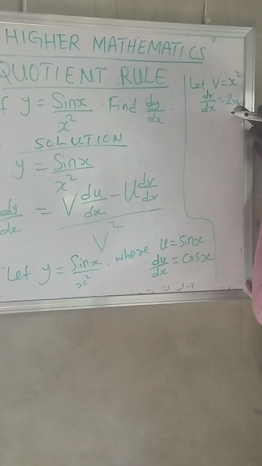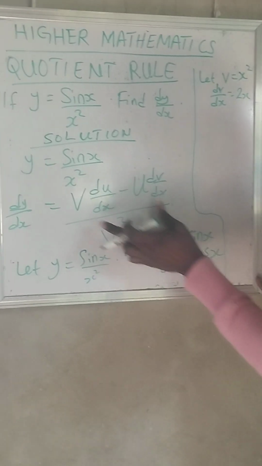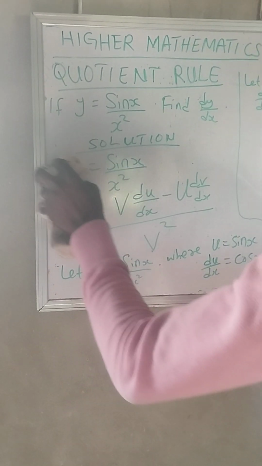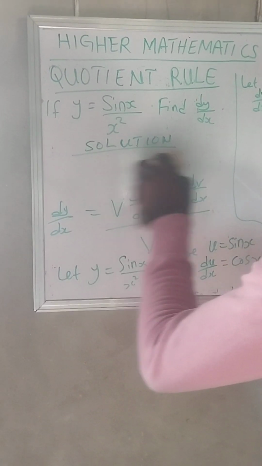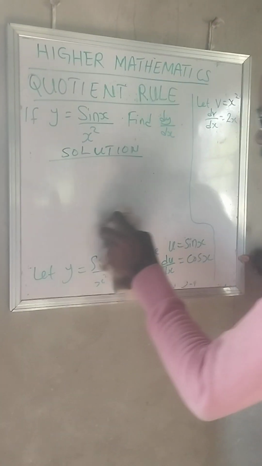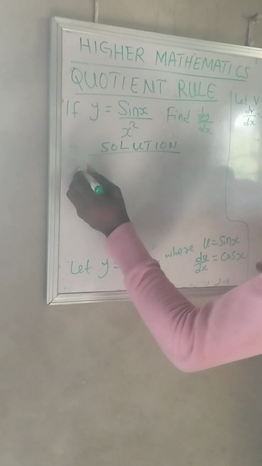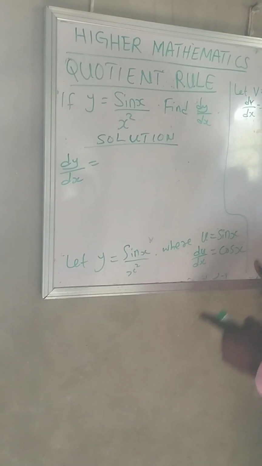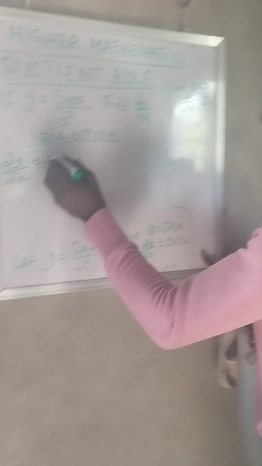Now we're going to substitute all this into the formula. So I'll clean this part of the board and continue. If we do that, we're going to have dy over dx is equal to v. What is v? X squared.